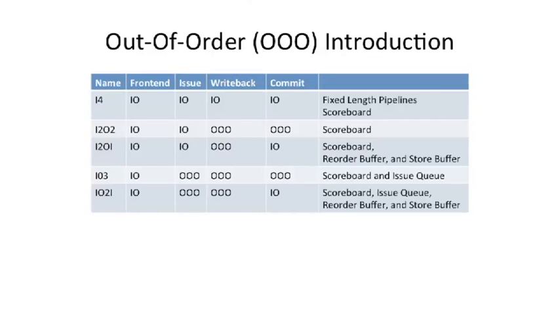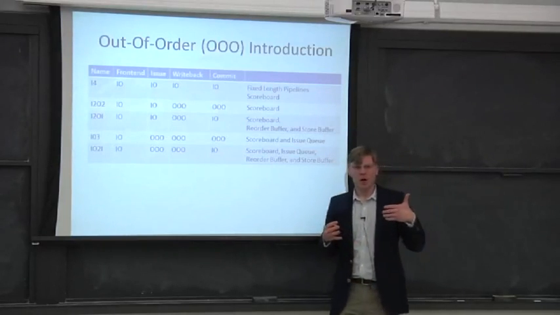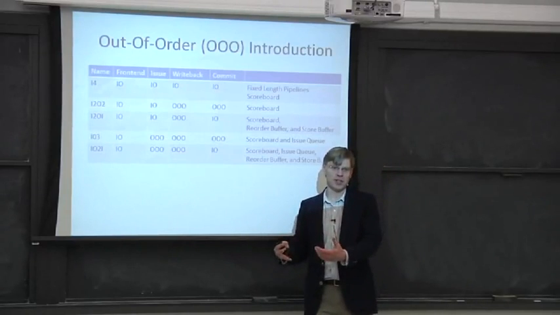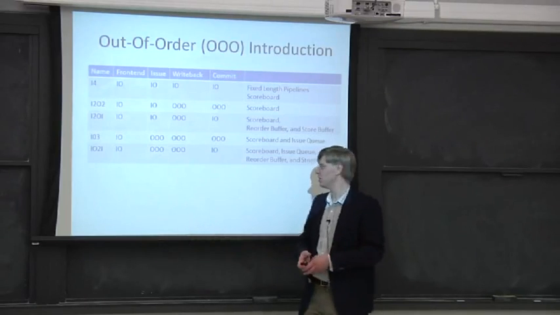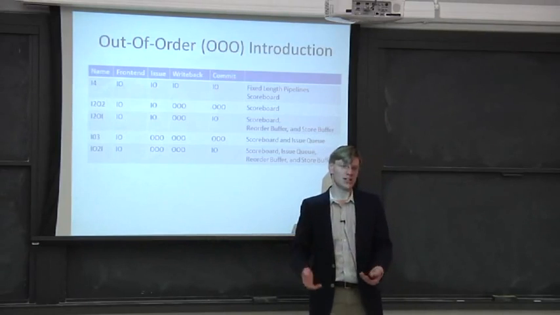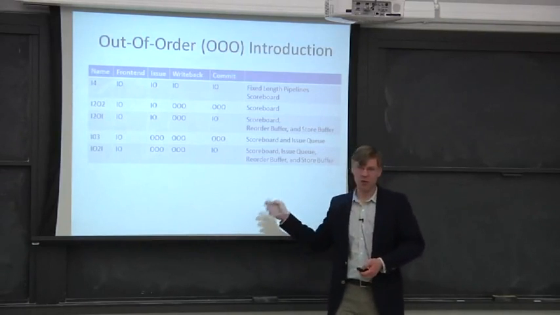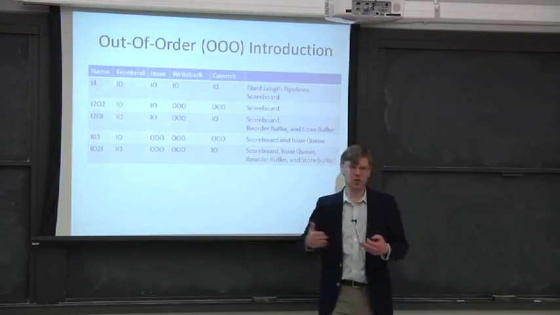Store buffer. This is something where we'll hold off storing to memory until the commit point, because we don't want to write to memory too early, because that would effectively be committing. So one important thing to remember about commit points is, what is an important notion of a commit here?